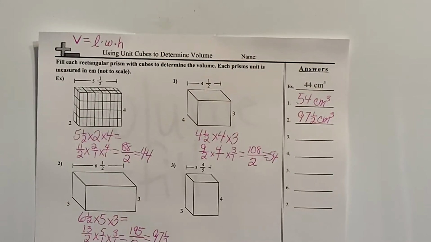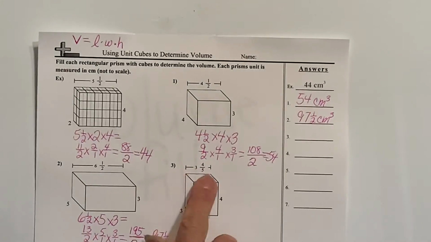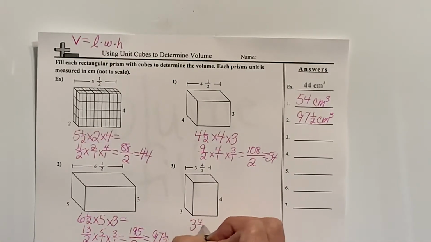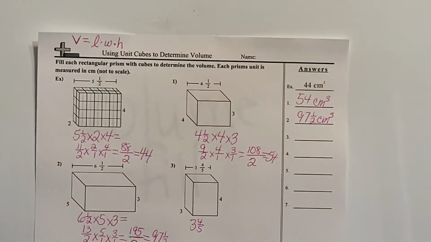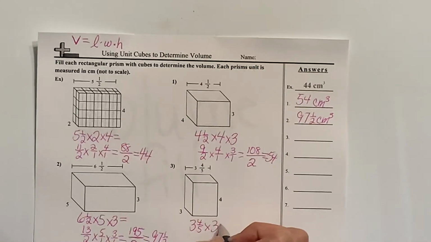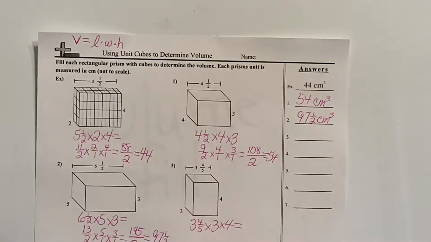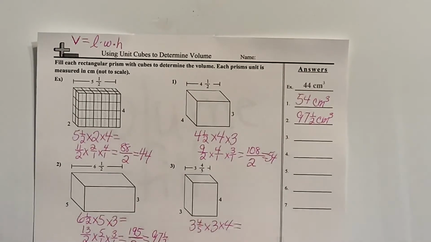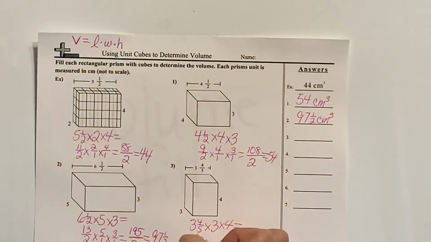All right, number 3. I'm going to look for the length first. The length is 3 4/5 centimeters. And then we have the width times 3 and the height times 4. So we've got 5 times 3 is 15. 15 plus 4 is 19/5 times 3 over 1 times 4 over 1.